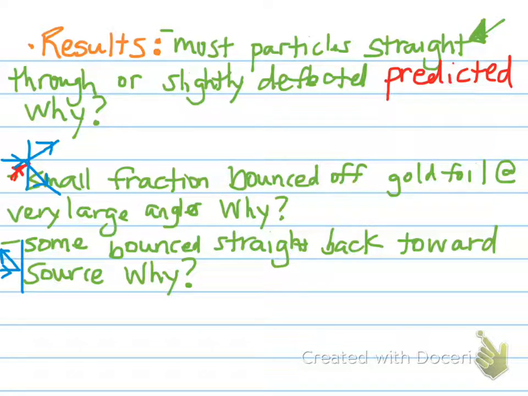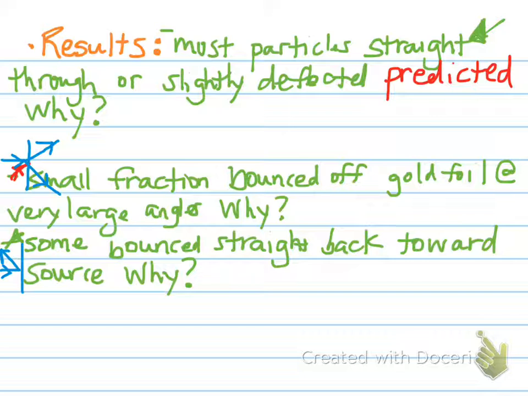That's what was happening down here. So he said, hey, based on this idea of the plum pudding model, that cannot explain what's happening. So he's got to come up with kind of why.